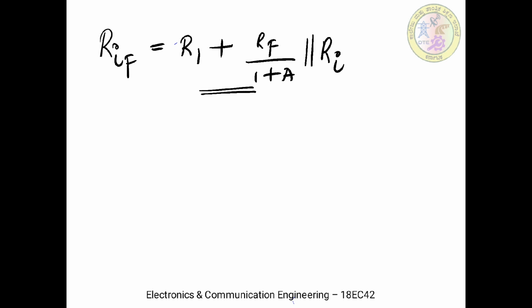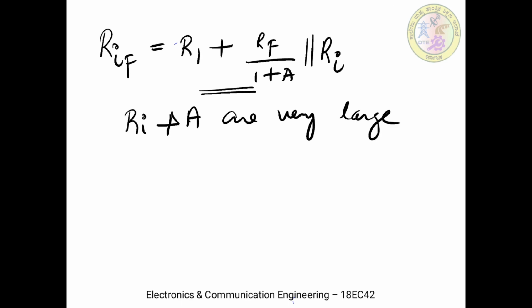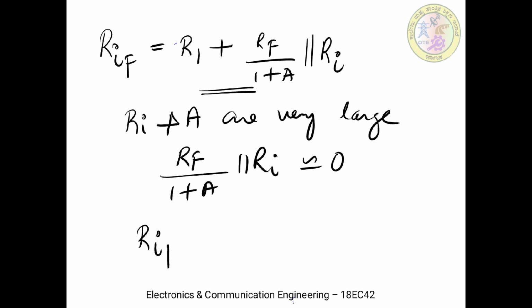But we know that the input resistance Ri and the open loop gain of the op amp A are very large. Okay, so therefore whatever this parallel combination is there, RF into 1 plus A parallel with Ri will be almost equal to 0 only, which reduces our input resistance RIF as equal to R1.